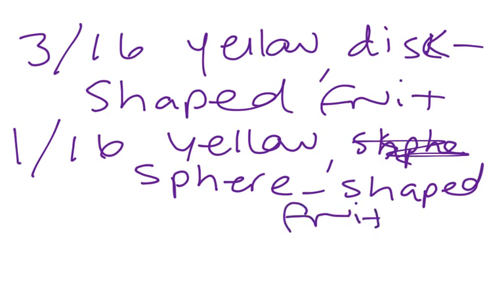If I could figure out how to rub it out, I know there is actually a way I would do it, but I don't know that yet. Okay, so if we're looking at the phenotypic ratio, it's going to be 9 to 3 to 3 to 1.